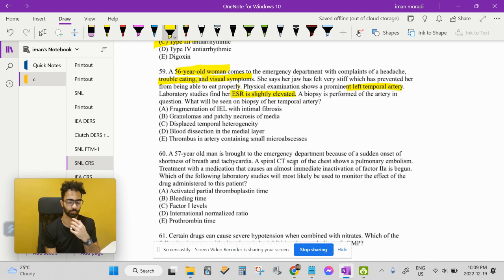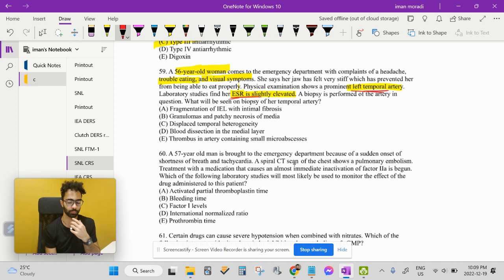The ESR is slightly elevated. This is important. ESR is usually elevated. The other important thing in this disease is that you don't wait for the biopsy to come back. You start them on glucocorticoids.